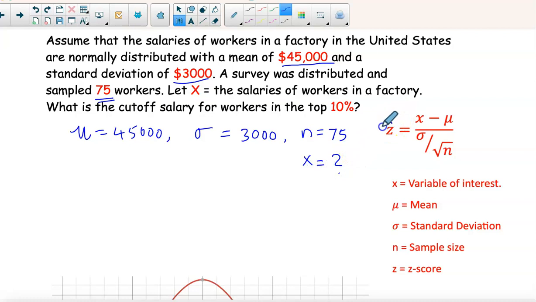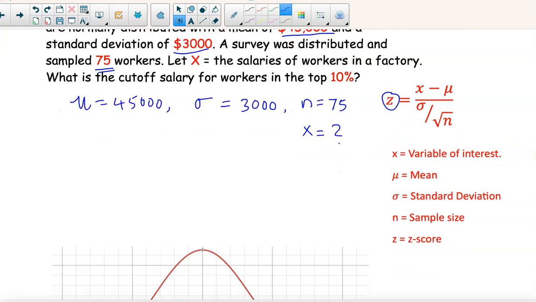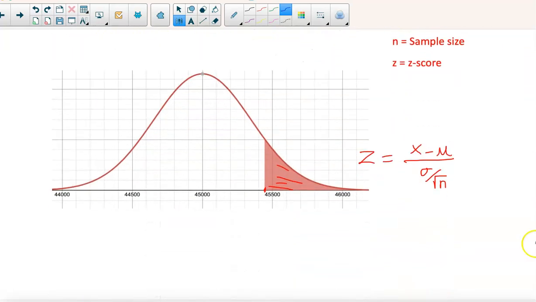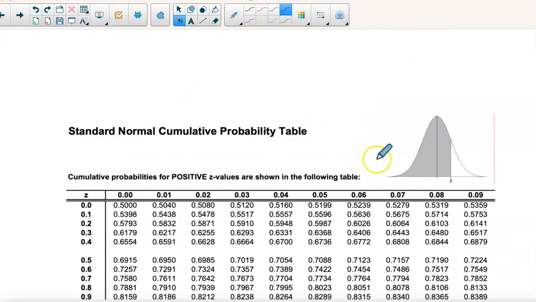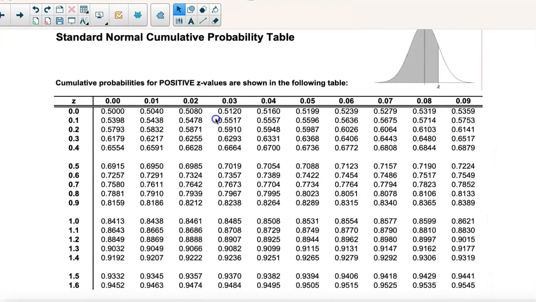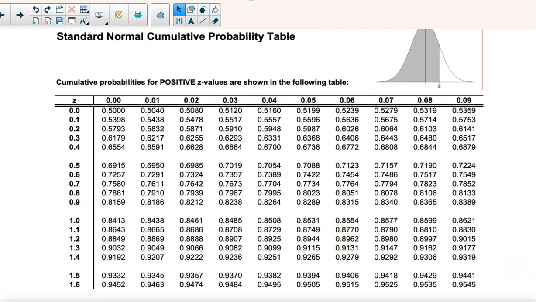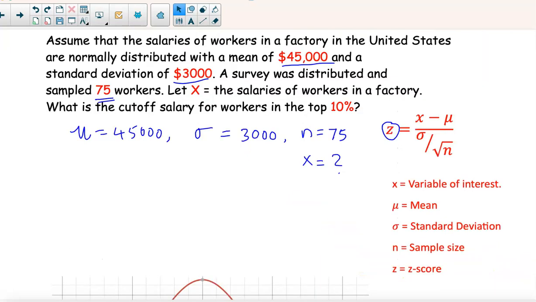And in order to get this Z score, I have to go to my Z chart. That is, what is the value here in this top 90 percentile? What is the Z score, right? To get that, I'll go to my Z chart. I have it here. Alright, let me show this once again.